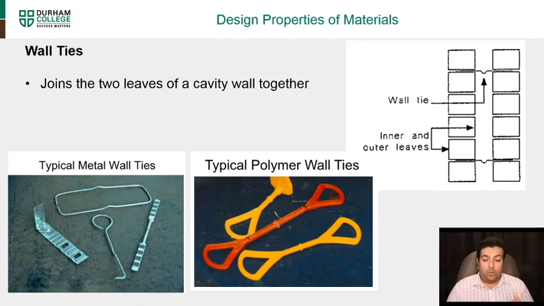It could be a wood structure, steel structure, or another block structure, but we use them to connect the brick to the block, or vice versa, using typical metal wall ties. There are also polymer wall ties, but they're not too common. We use typical metal wire ties in walls.